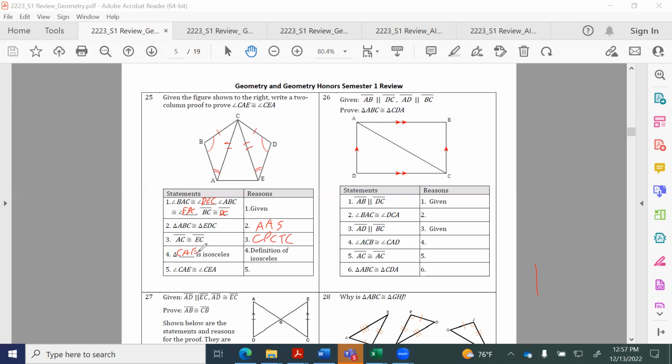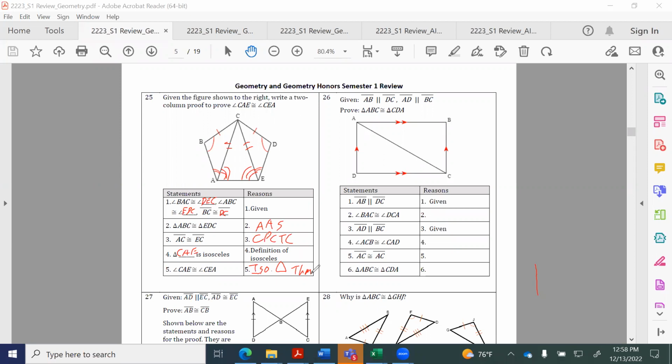But now that this is an isosceles triangle, the angles across from the congruent sides have to be congruent because of the converse. Sorry, nope, I lied. Not converse. Isosceles triangle theorem. So they gave us the sides. We're saying the angles are congruent by the isosceles triangle theorem.